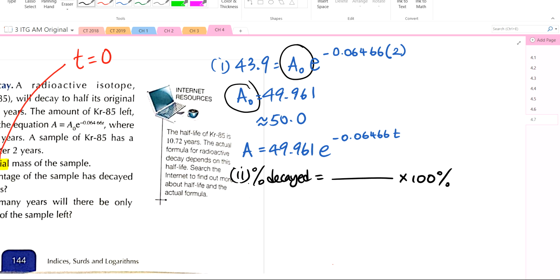Common sense. Denominator is the start. Initial minus. Okay, so percentage decay, will you say that it is amount decayed or amount lost over original? I thought it's mass. I thought original over.